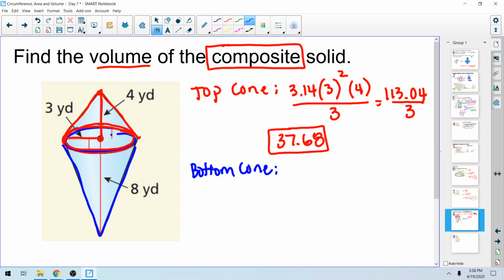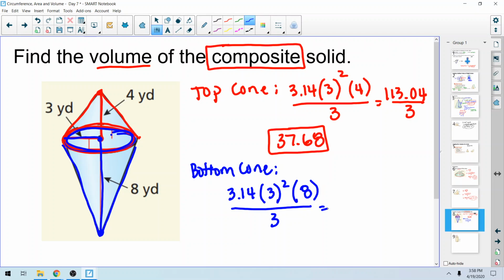So it's a cone, same idea, area of the base, which is a circle. So pi times radius, the radius is still 3, squared times the height of the bottom cone. So from the center to the vertex, 8, and then once we figure that out, divided by 3.